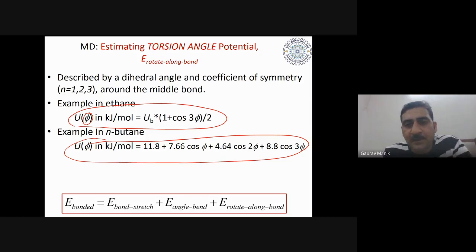I could probably go into detail and talk about how these equations have come up and what the different forms of these potentials are, but that will be too much for this part of the talk. So we'll avoid that, but you can assume that there are different dihedral forces or rotation along bond forces, and different angle bending forces and bond stretch forces, of the type that I have shown.